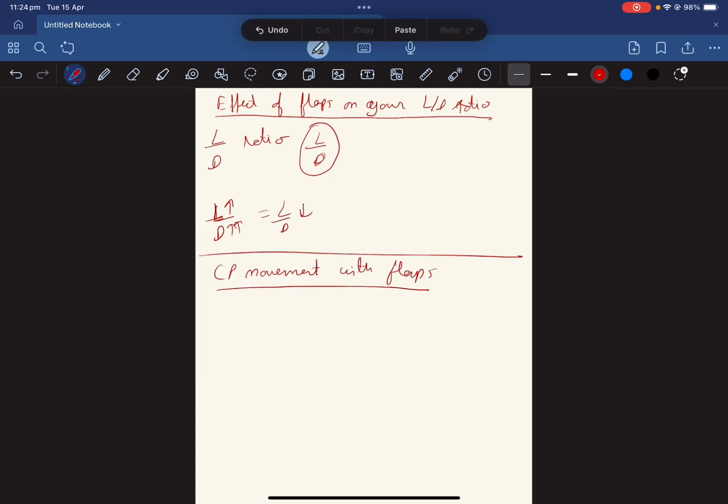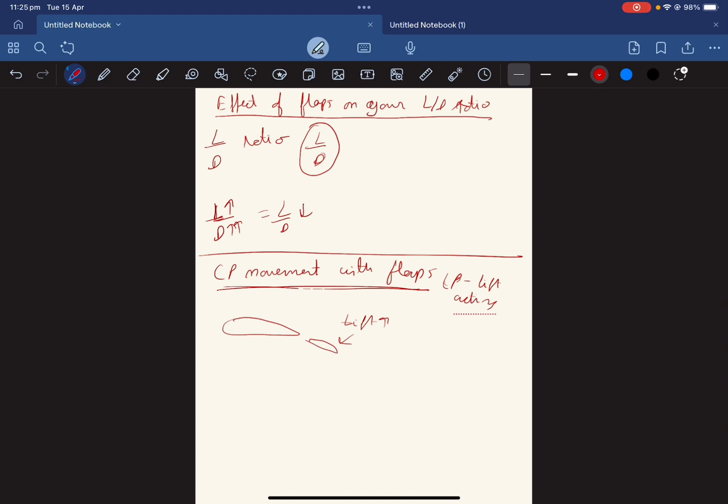There's a topic that's kind of important and a bit confusing, so pay attention to this one. This is CP movement with flaps. As you all know, CP is basically where your lift is acting. It's a point on your aerofoil where lift is supposed to act. Let's say this is my aerofoil, and now I've deployed my flaps. The increase in lift is due to this rearward portion.